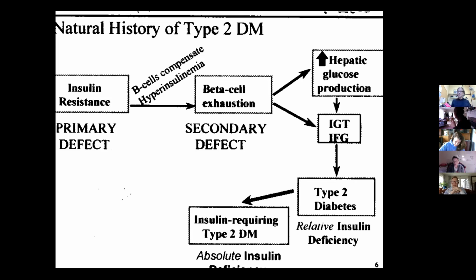Our culture has done that. We drive, we don't walk. So much of what we do, the exercise has been taken out of it. And exercise is absolutely critical for normal, healthy metabolism.